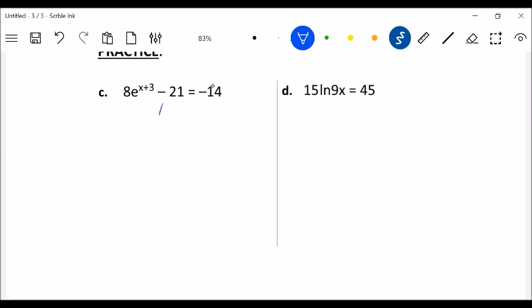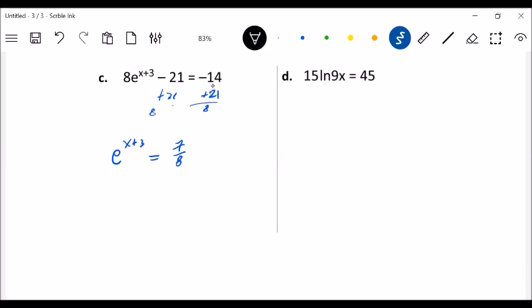So here, the first thing I'm going to do is to clean it up. And then there's the 8. I'll divide by 8 as well. So I have e to the x plus 3 is equal to negative 14 plus 21, which is 7, divided by the 8, 7 over 8. Okay, so that's where we stand so far. I am going to apply natural log to both sides.